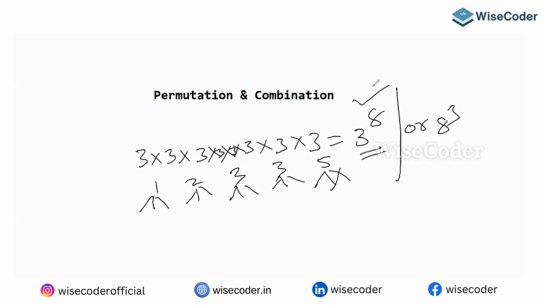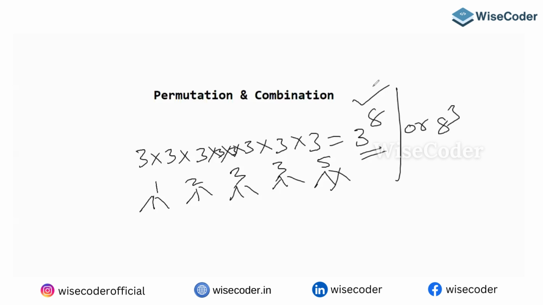In how many ways can 8 letters be posted in 8 letter boxes? The first letter can be posted in 8 ways, the second letter can be posted in 8 ways, and so on. So the straightforward answer is 8 power 8. But you will get a doubt: when is the answer 8 factorial and when is it 8 power 8?